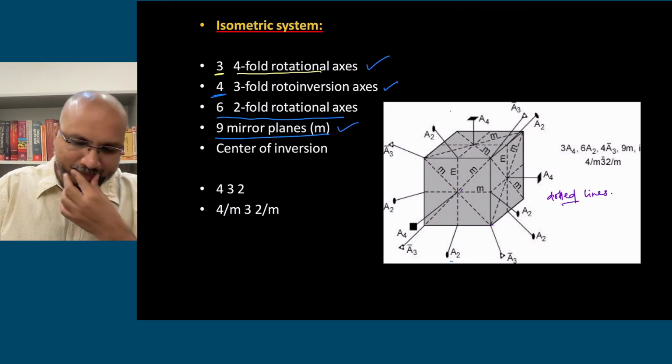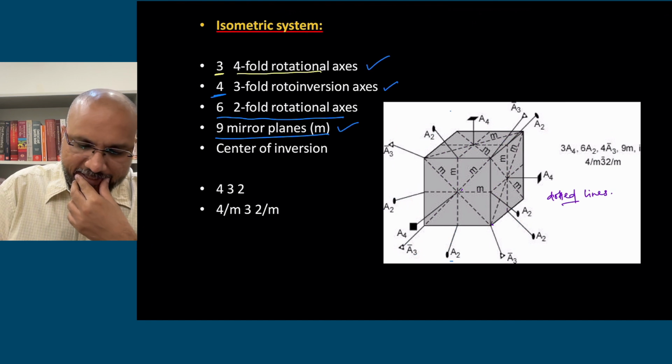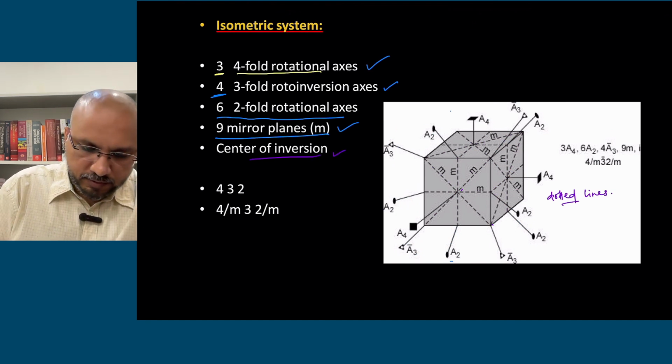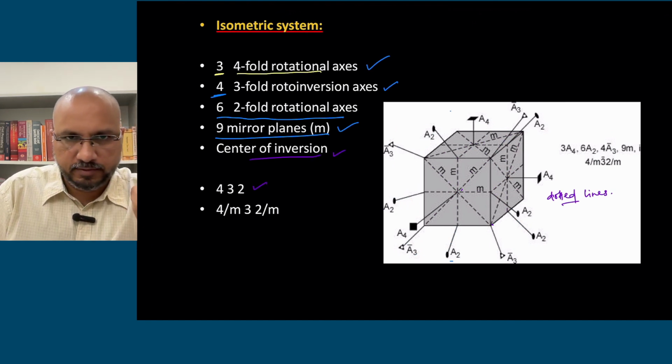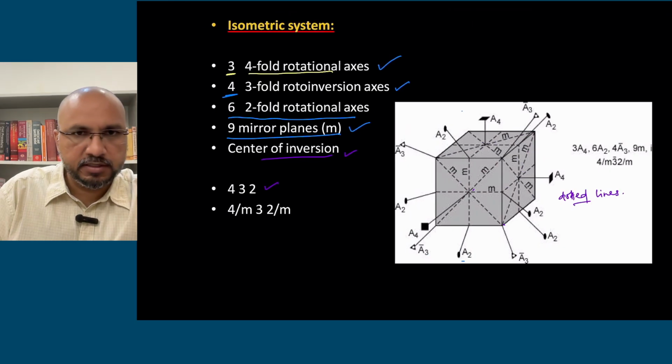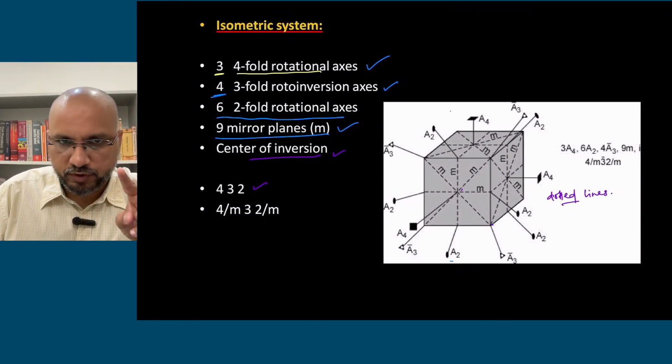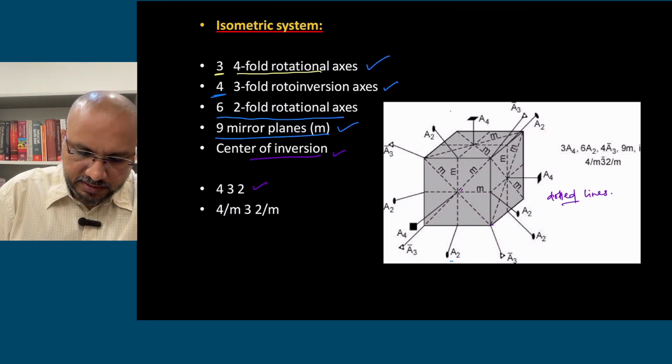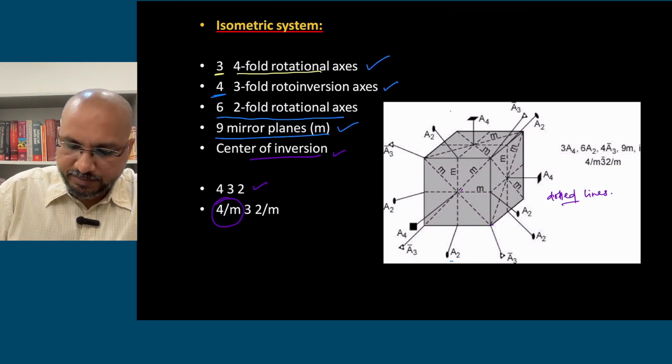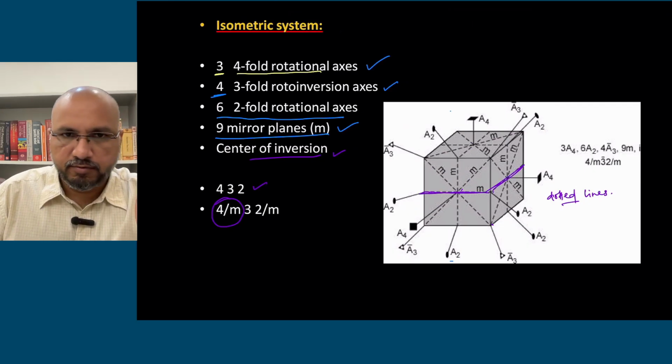Okay. Now, there is a center of inversion also. So 3 4-fold rotation axes, 4 3-fold rotation axes, and 6 2-fold rotation axes. And you see there is a mirror plane which is perpendicular to the 4-fold rotation axis.